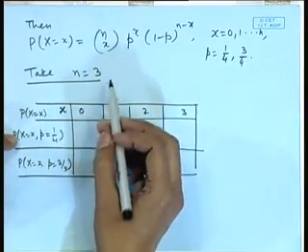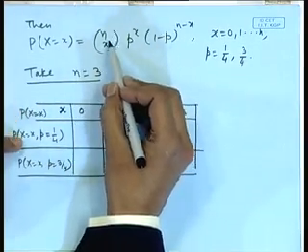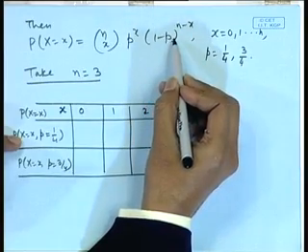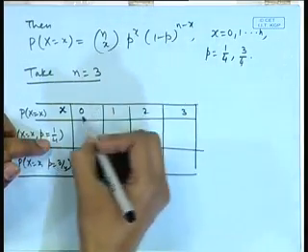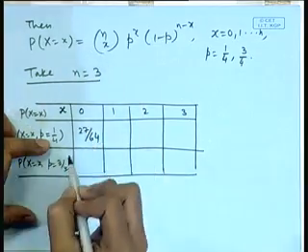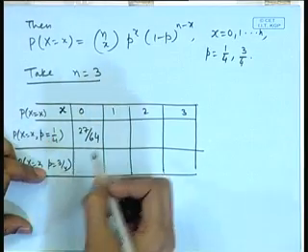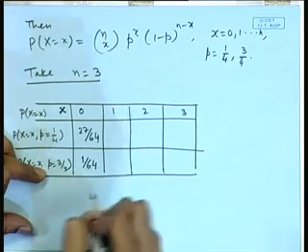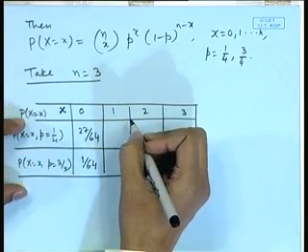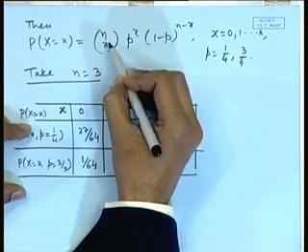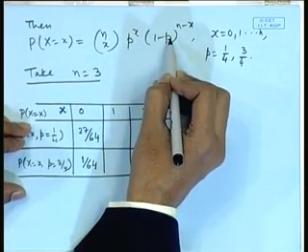Since n is equal to 3, what is the probability that x equal to 0? That will be (1 minus p) cube. So, if p is equal to 1 by 4, it is simply (3 by 4) cube, that is 27 by 64. When p is equal to 3 by 4, (1 minus p) cube becomes (1 by 4) cube, that is 1 by 64. What is the probability of x equal to 1? That is 3C1, that is 3p (1 minus p) square.